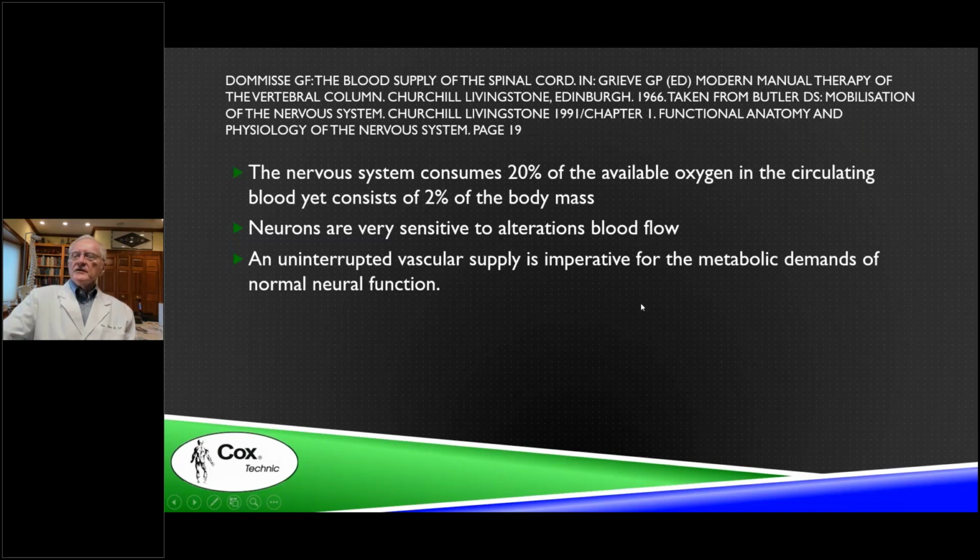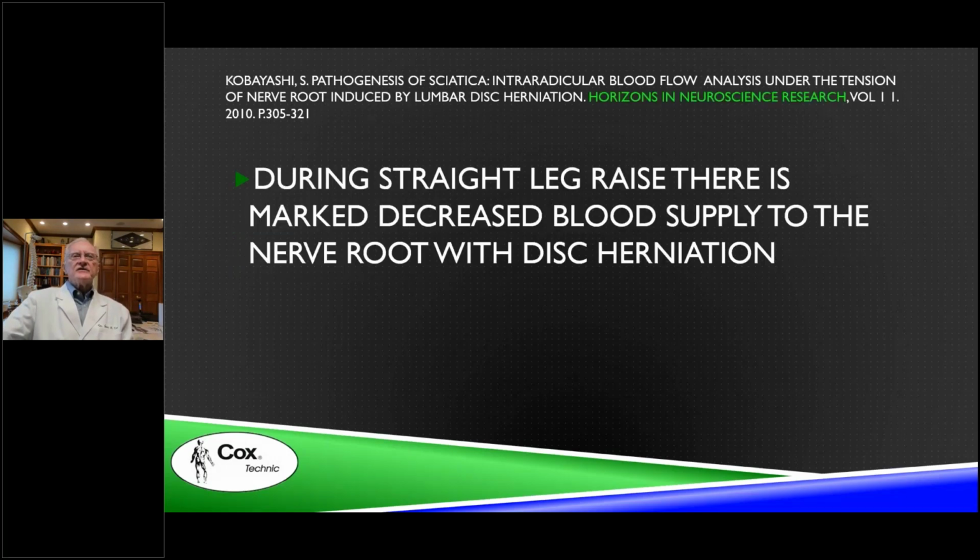Remember ischemia. The nervous system is a hog. Did you know that 20% of the available oxygen coming out of the heart goes to that 2% of body mass known as the nervous system? So when you cut down the vascular supply, you've interfered with the metabolic needs of that nerve.